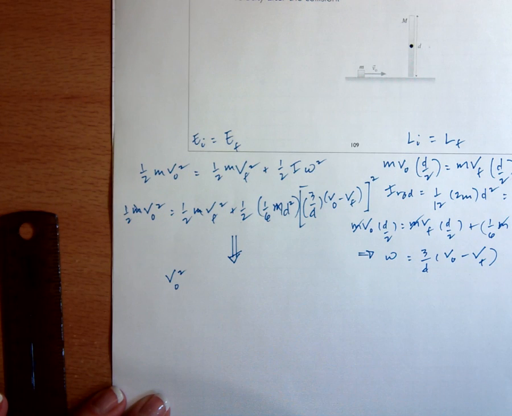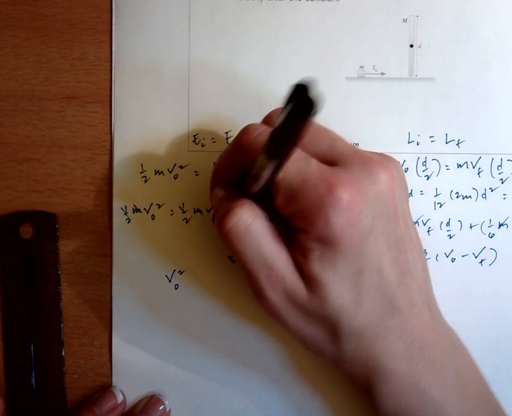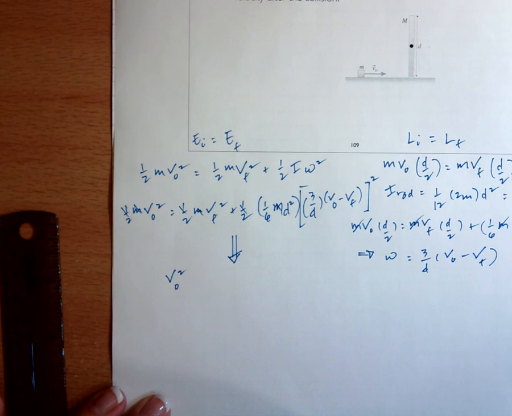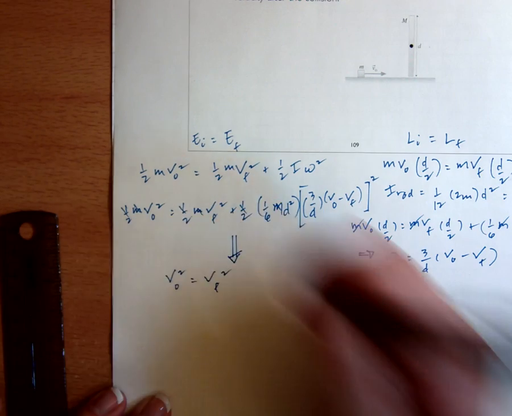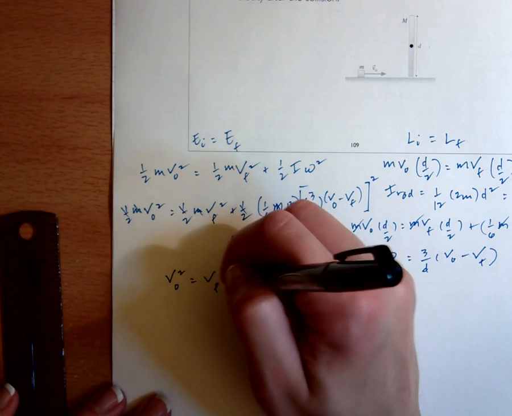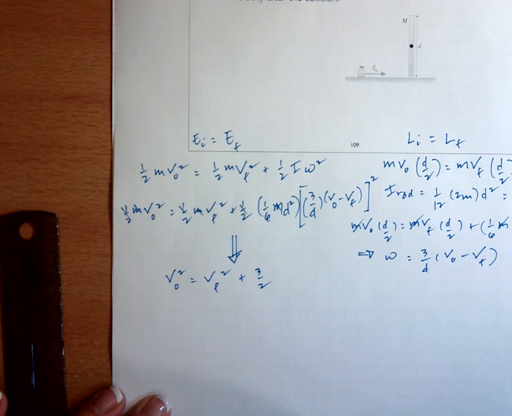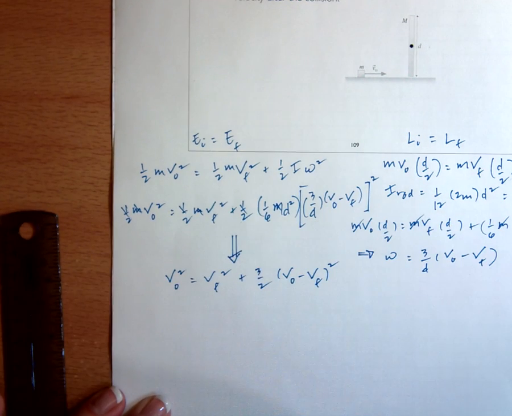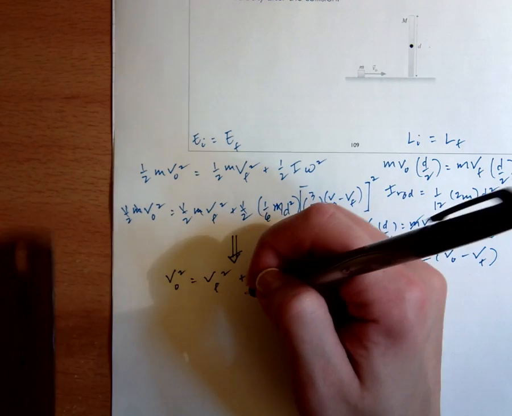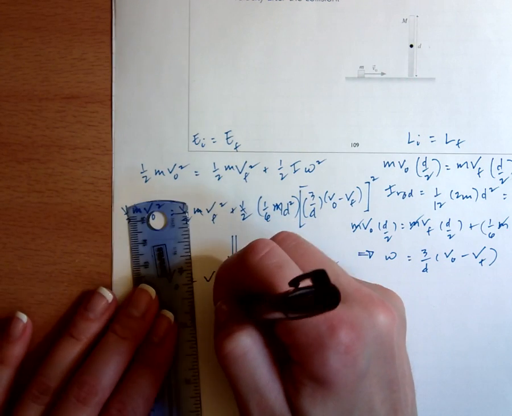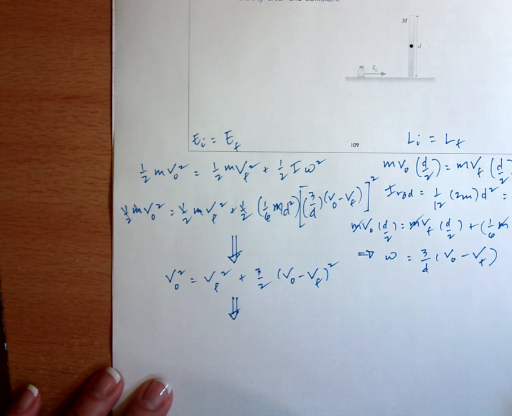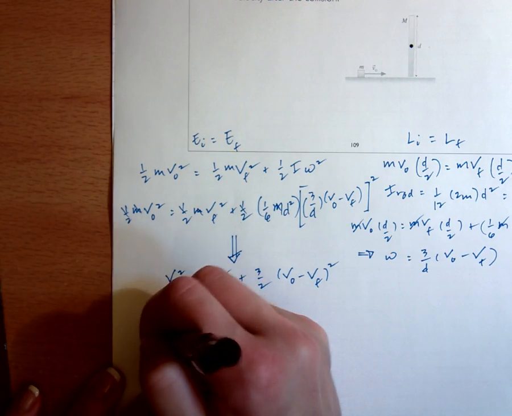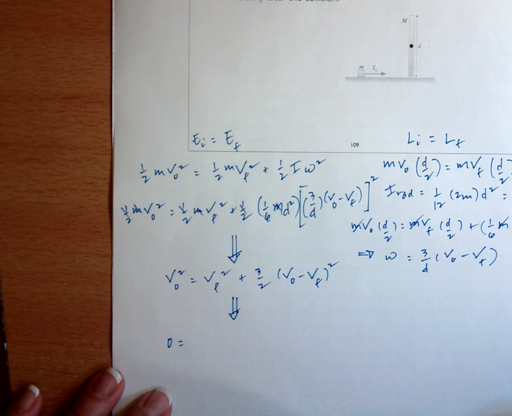We're going to get something that looks like v initial squared. We can also take a 1/2 out of each term. So v initial squared equals v final squared plus 3/2 times (v initial minus v final), all of that squared. If you rearrange this equation, what we want to do is make it look quadratic.